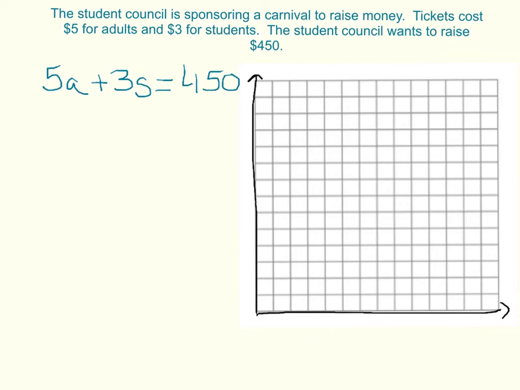For this example, our 2 variables, adults and students, can be interchangeable between which one is your independent and which one is your dependent. So I'm going to make students on my y-axis and adults on my x-axis. Now let's see, if I want to make an xy table, well actually it's going to be an adult and student table.